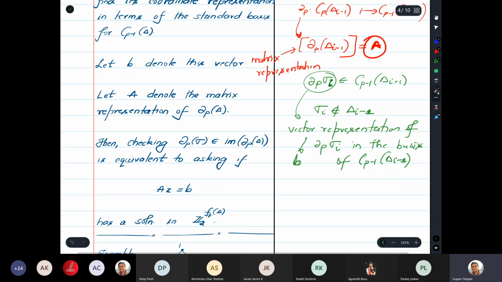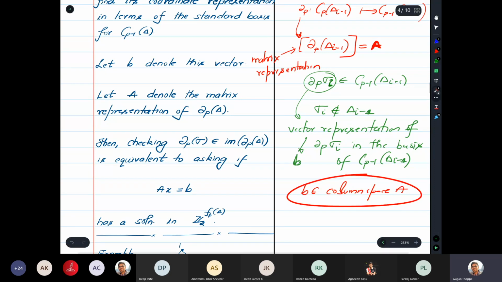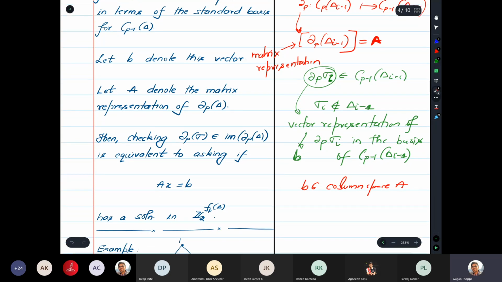So you have this matrix A, you have this vector B, and the question is whether B lies in the image, or in the language that Jacob used, does it lie in the column space of A? So is there some mathematical way of writing this question? Is there some linear combination of the columns of A which equals B, right? So I hope you agree that this thing is equivalent to figuring out if AX equals B has a solution.